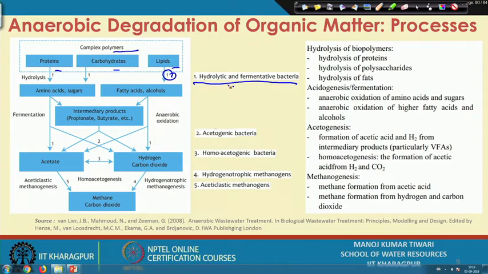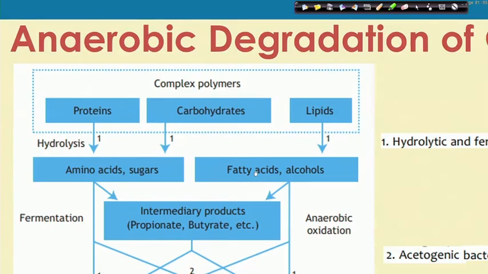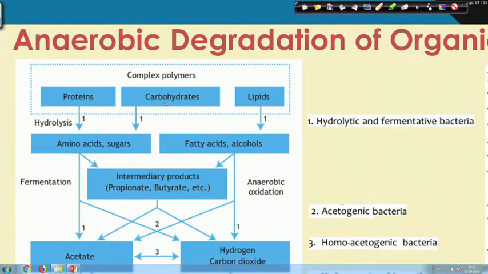Now, proteins, carbohydrates or lipids are converted through hydrolysis into amino acids, sugars, and lipids can be converted to fatty acids and alcohol, and the microorganisms involved here are the hydrolytic and fermentative bacteria.